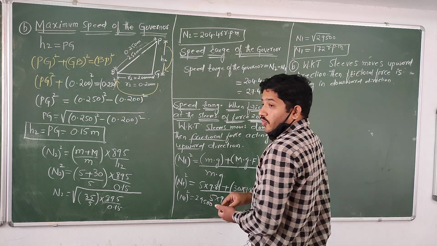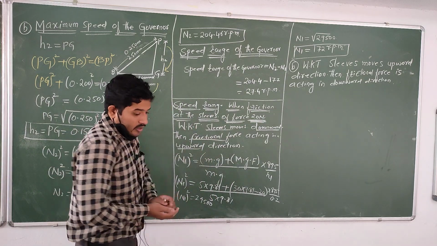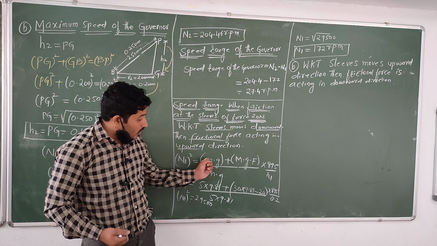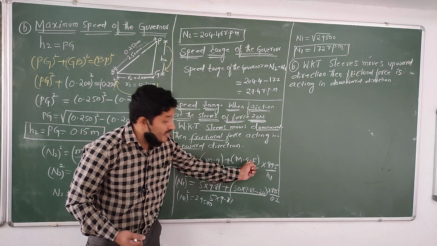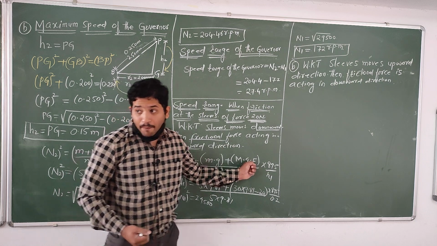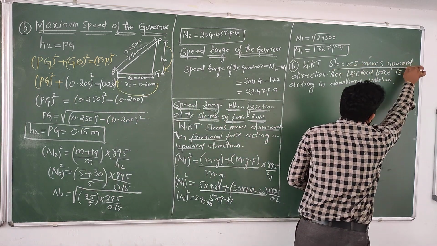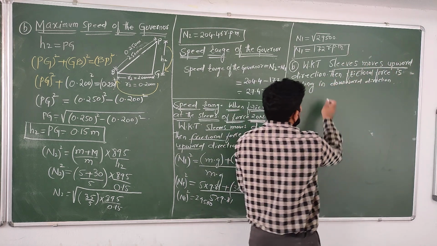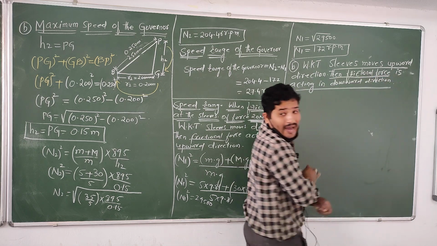Then we have to use the formula. Concept is a little bit different here. Just you need to remember N2 whole square equal to m into g plus M into g plus F. Because of why plus F? Because sleeves is moving upward direction, but the frictional force is acting in a downward direction.